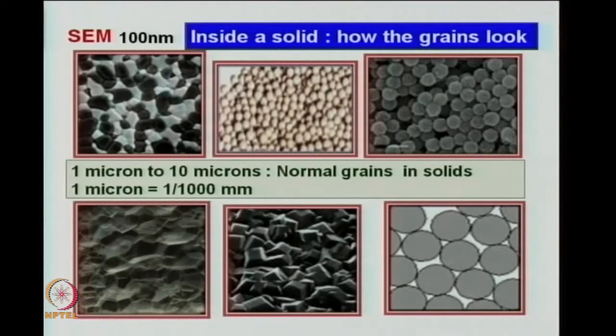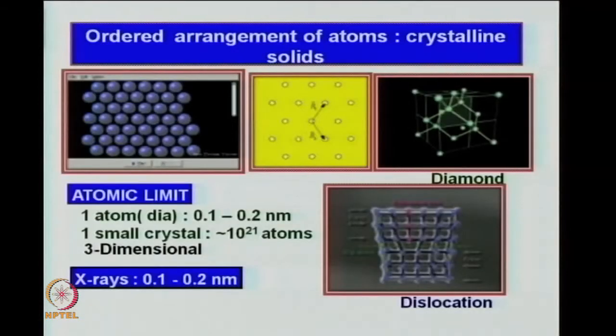So, it is much smaller than 1 millimeter, and if you want to observe still smaller objects like atoms in a solid, then you have to use even smaller wavelengths, because the distances in a solid on the atomic scale are of the order of 0.1 to 0.2 nanometers.